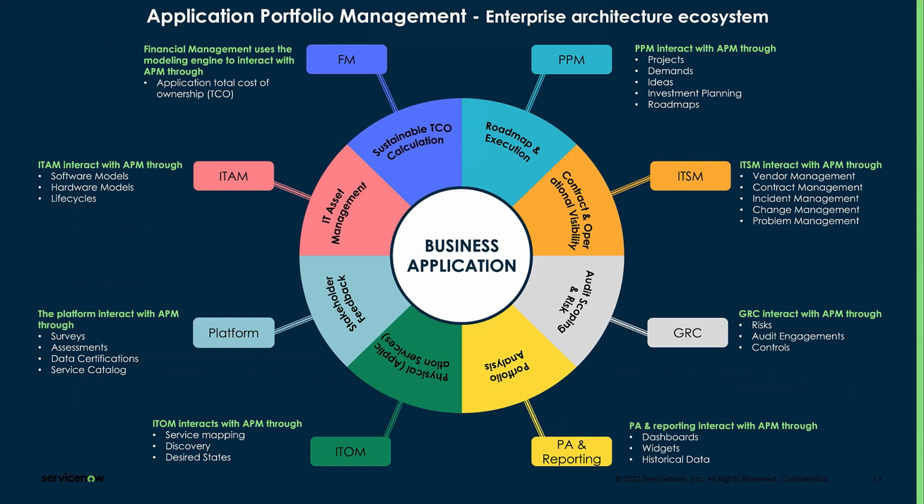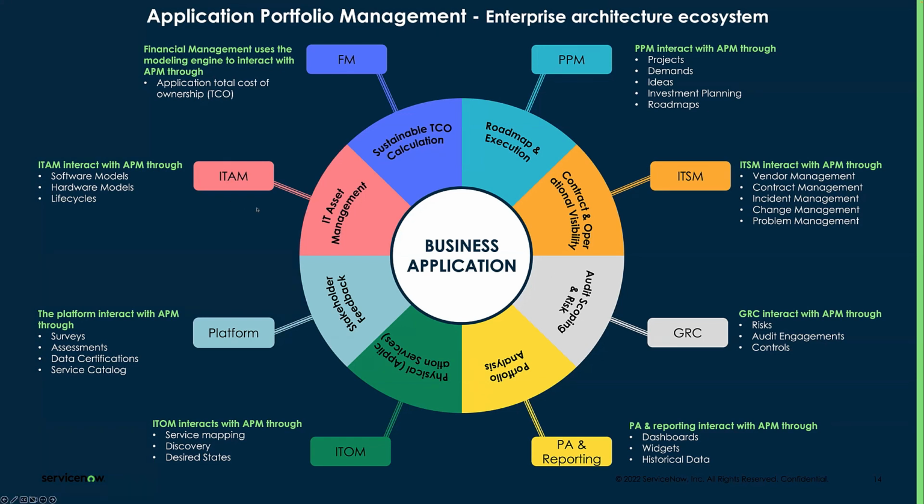APM itself, I like to think of it as maybe connective tissue. It sits in the middle, but it ties so many things together. In and of itself, it's rather simple, but it's bringing all of these different capabilities within the ServiceNow platform together in one place to give you incredible visibility.